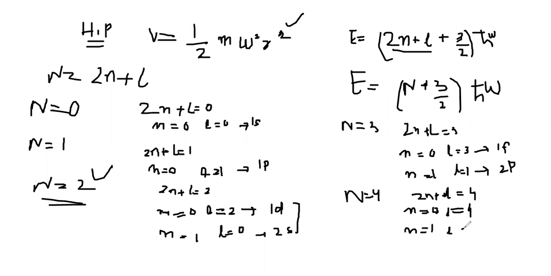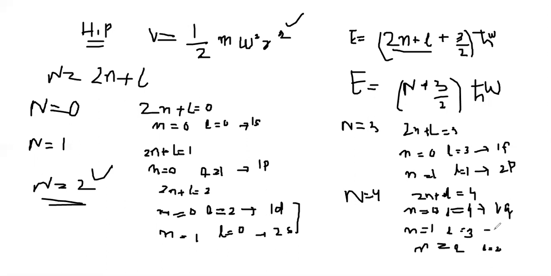No, the sum must be 4. If n is 1, then L will be 2, since 2 into 1 plus 2 gives 4. So n is equal to 0, L is equal to 4, this may be 1G.